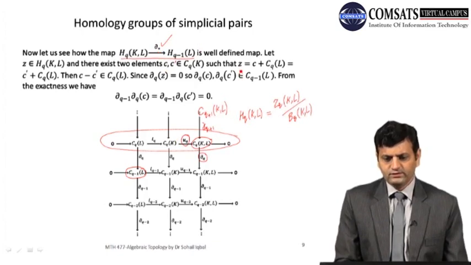So Z is equal to c plus C_q(L). Why are we taking elements of this form?